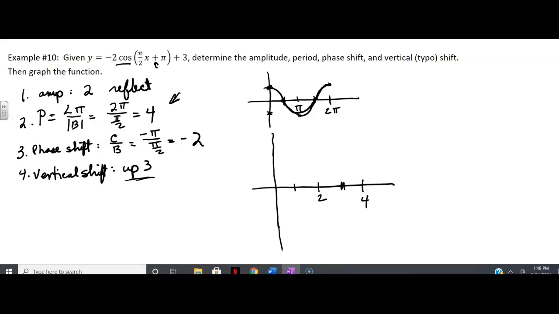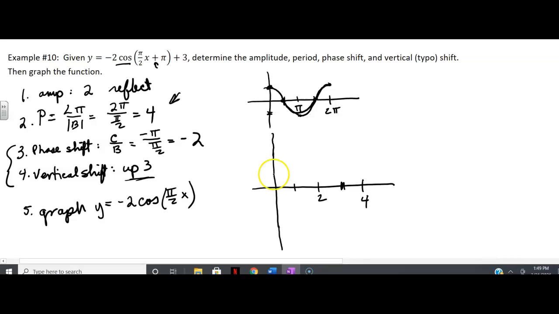So I'm going to wait on the phase shift. I'm going to wait on these. Right now I'm going to graph y equals negative 2 cosine pi over 2x. Okay, so that will take care of the period, and I'm going to do the amplitude as well.